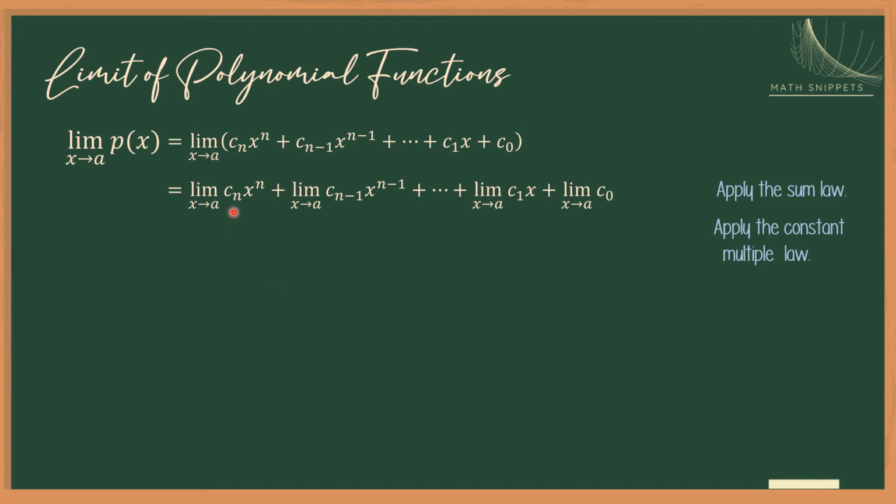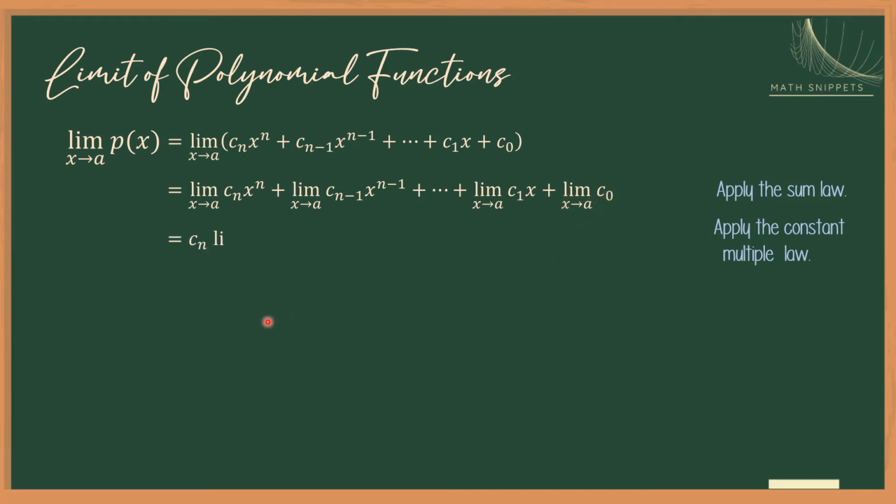If you observe, every term in the polynomial has a constant in the form of c sub i, so c sub n, c sub n minus 1, c sub 1, and c sub 0. So we can apply the constant multiple law from the first term up to the second to the last term. We will leave the last term alone because this is a constant function.